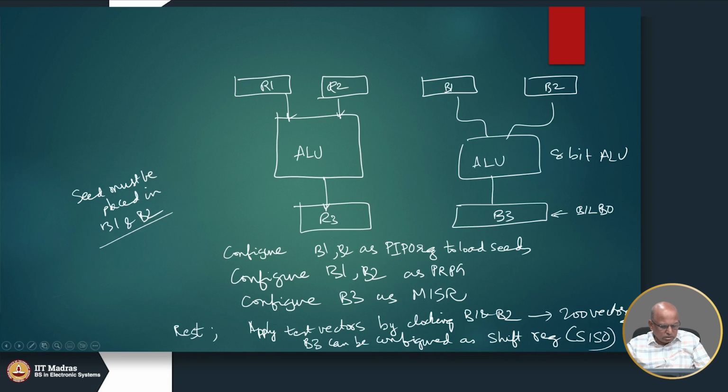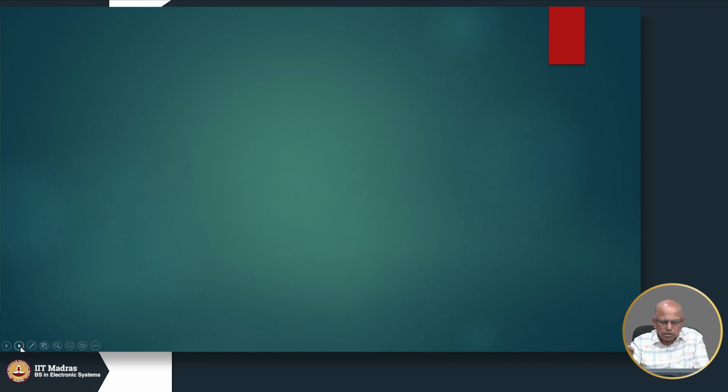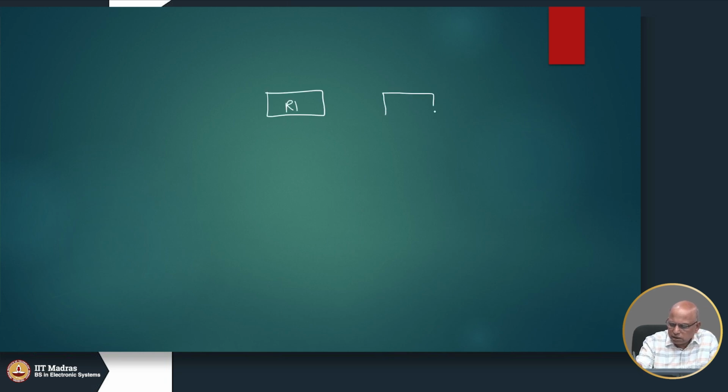Okay, the BILBO allows you to... so there could be another architecture like this. R1 and R2 are going to the ALU.